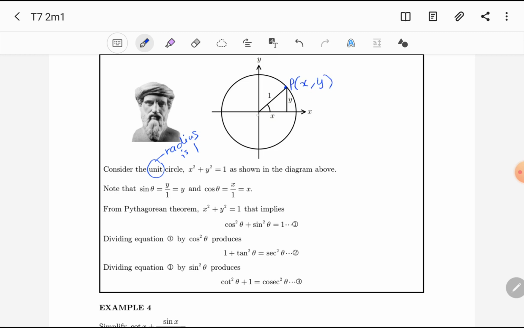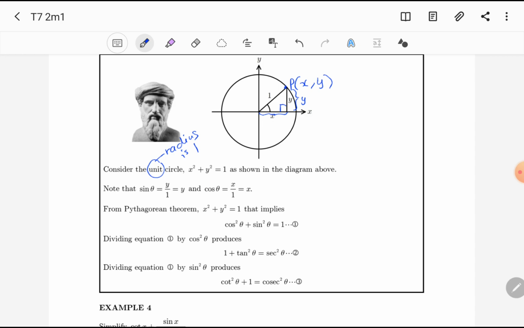Okay, meaning that length of the side tu dia akan jadi x, and length of yang vertical side tu akan jadi y. Nah? Okay. So ini right angle triangle, radius is 1.